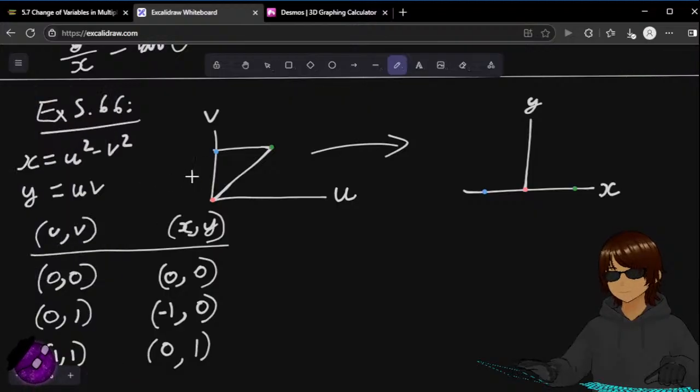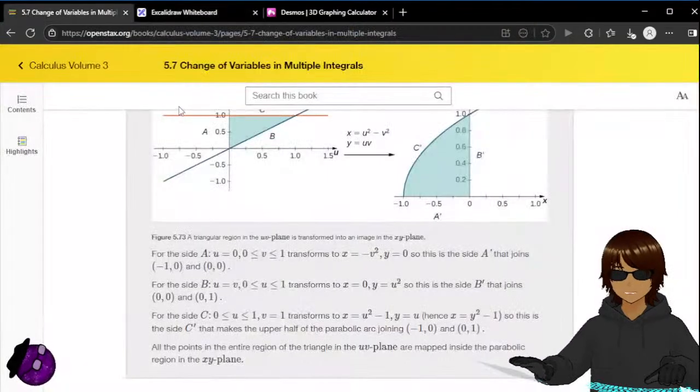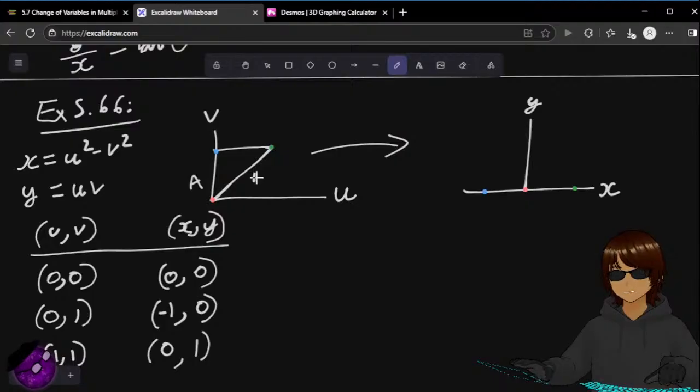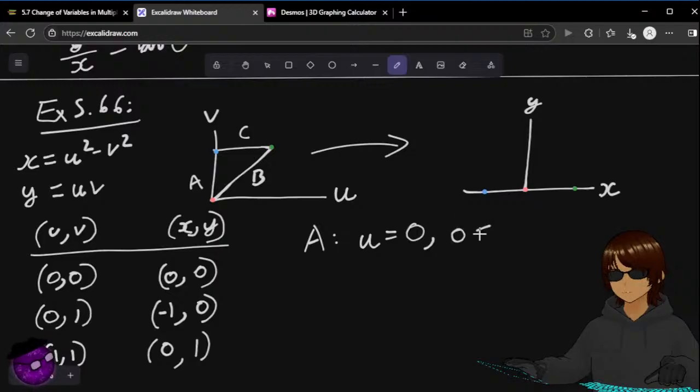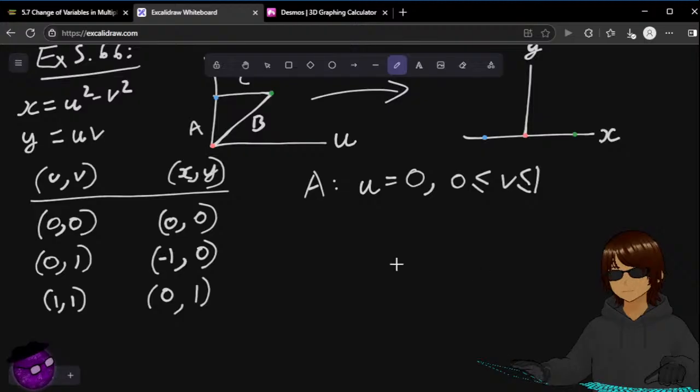What they're doing is side A, B and C. For A, u is equal to 0, so y would be 0 in the entire thing.